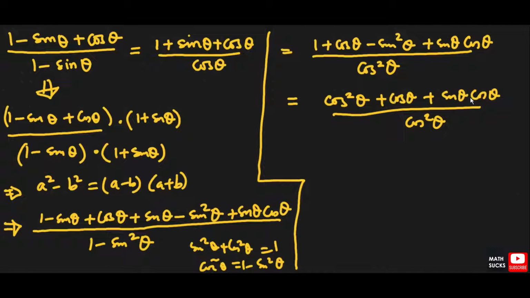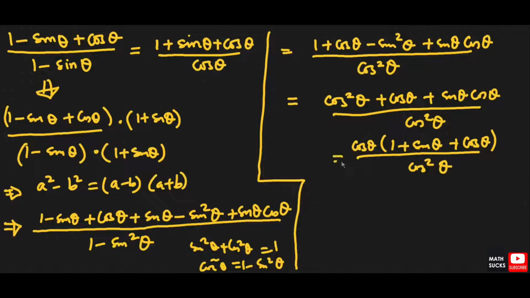We are getting close. Observe that everywhere there is cos, we can factorize that out, and so this will give us cos into here we have 1, then plus we have removed one cos here, so that means we have sine of theta, then plus we have removed one cos here, so we remain with cos of theta, and then everything over cos squared of theta.